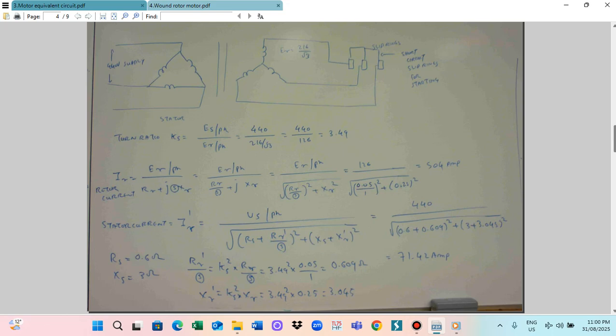Okay, so this is the rotor current calculation. We also need the stator current. Stator current means you have to refer the rotor current to the stator side. This is the formula for rotor current, and another one is the stator current.